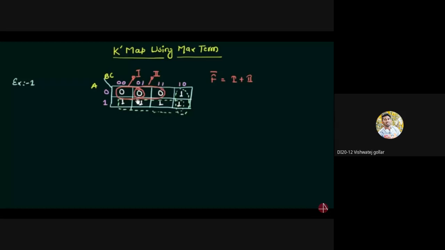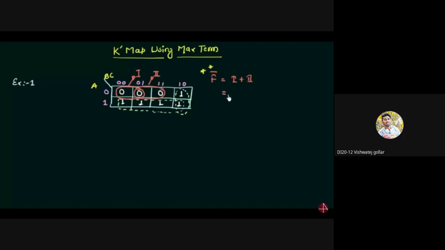These are the values of your f, that is your output. When we group the ones, it is true, so we just write f with no complement sign. But when we group zeros, we have to give a complement sign here, that is bar or dash. So this is a common mistake that students make, so just keep it in your mind that you have to write it as f complement.